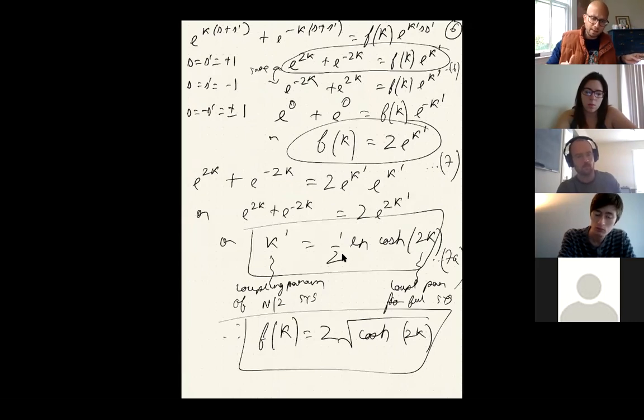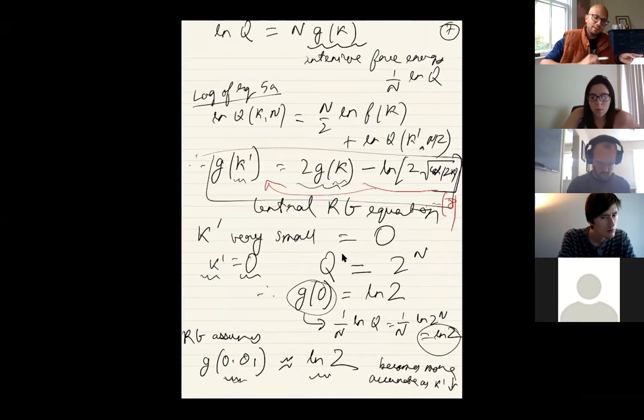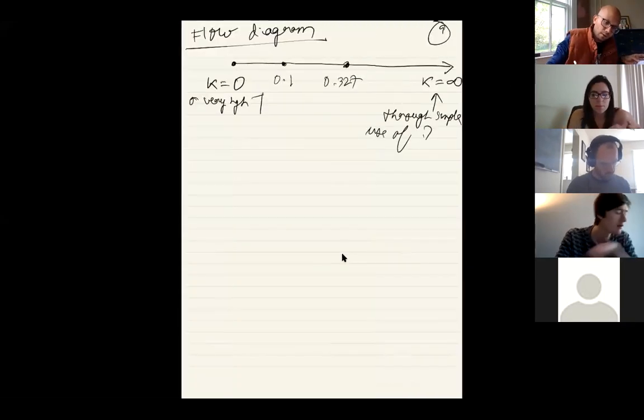Equation 7a will allow you to take a value of K and get a larger value of K prime. This is a monotonic increasing operation. Anytime you put in a value of K prime, you get a larger value of K. You will keep on churning it and get larger and larger values. It will take you to K equal to infinity.